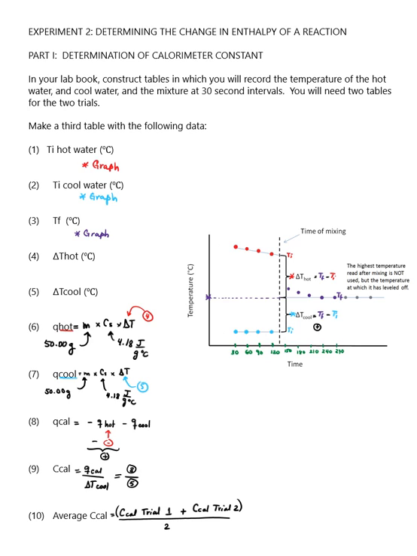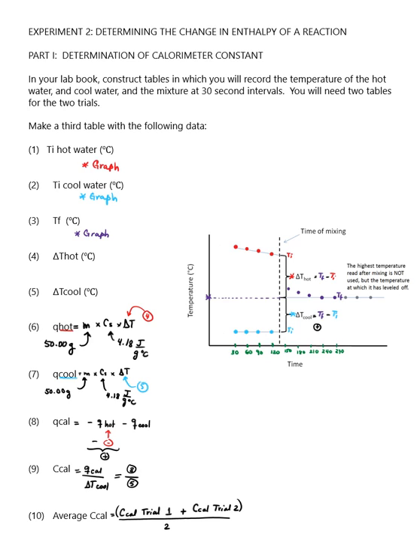So in theory, the amount of heat that the calorimeter is absorbing plus the amount of heat that the cool water is absorbing, those two added together should be exactly the same amount of heat that the hot water is losing. Just that the hot water will be losing the heat and the cool water and the calorimeter will be absorbing the same amount of heat.